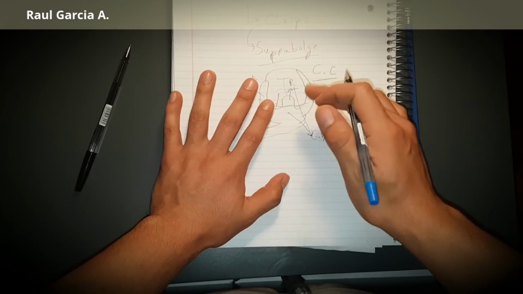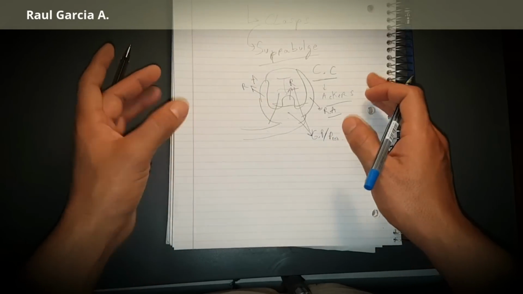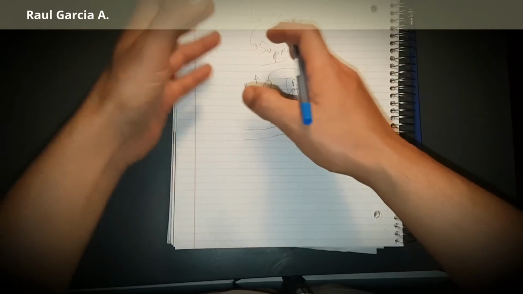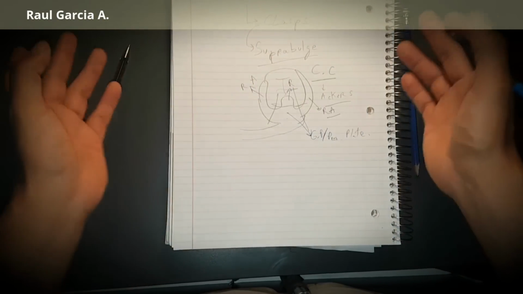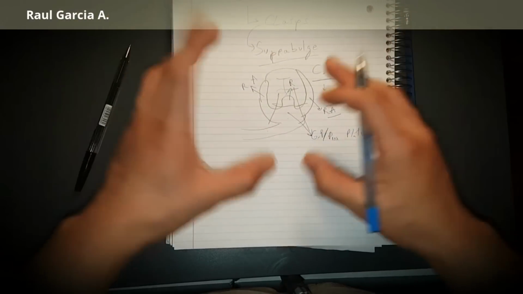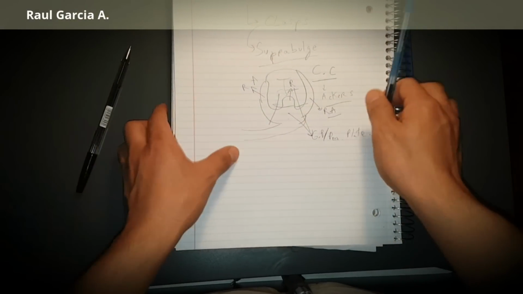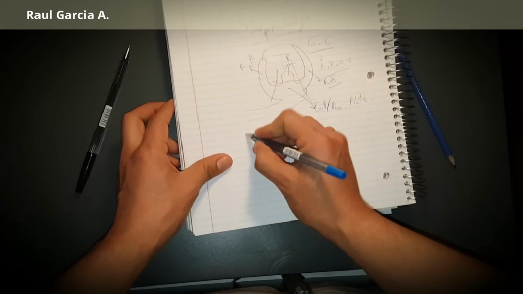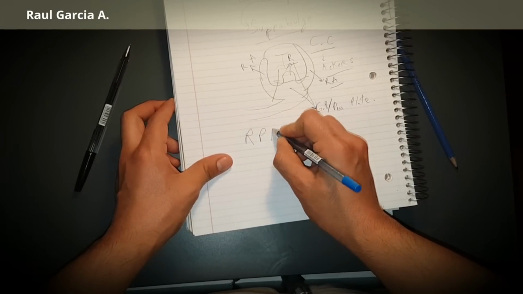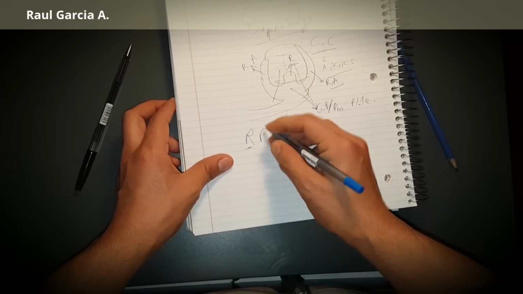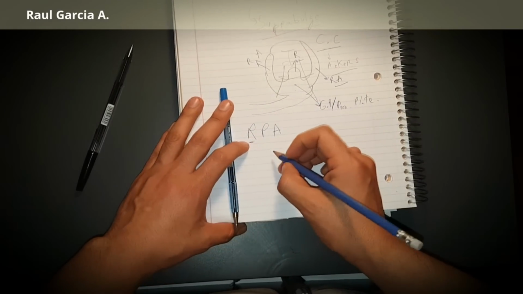So what happens when we talk about another type of suprabulge retainer that is called the RPA? RPA means mesial rest. So I'm going to draw here.